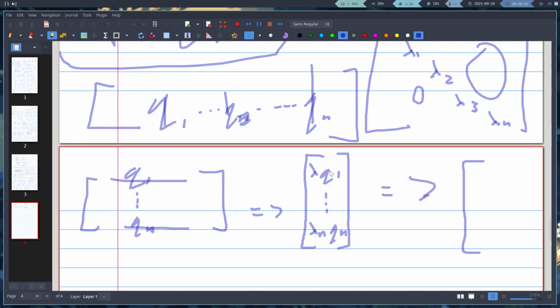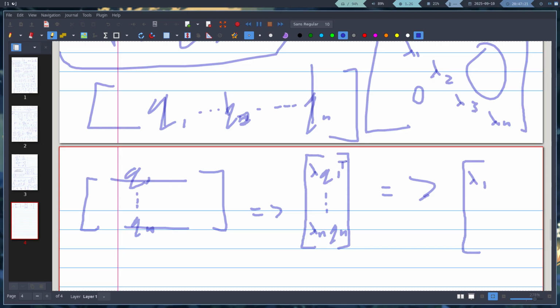Okay, where were we? So vector times, and remember this is an entire matrix, these are just columns coming down here. You have this Q1 vector, so it's going to be lambda 1 Q1 times this entire Q1 vector, lambda 2 Q2 times Q2 vector, lambda n Qn times Qn vector, eigenvectors.